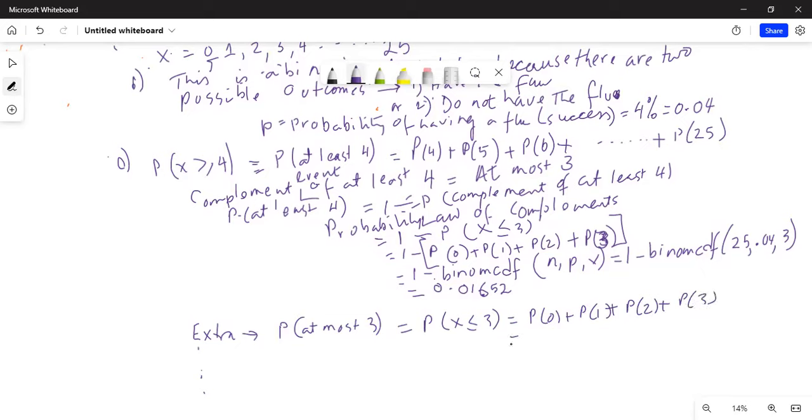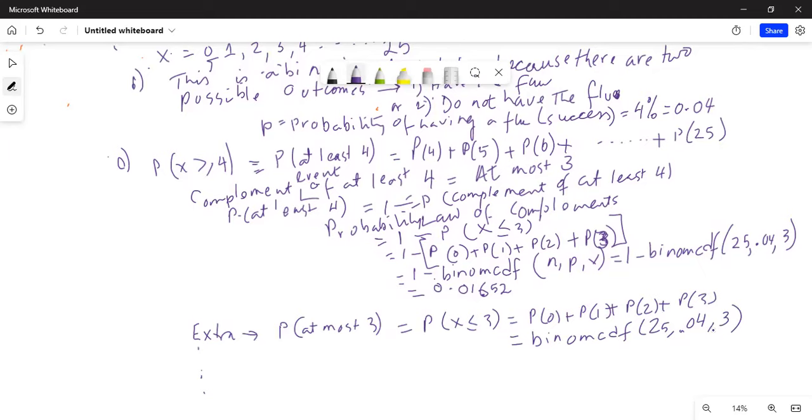And that is equal to binomcdf. My n is 25, my probability of success is 0.04, and I'm adding from 0 to 3, so my last number is 3.